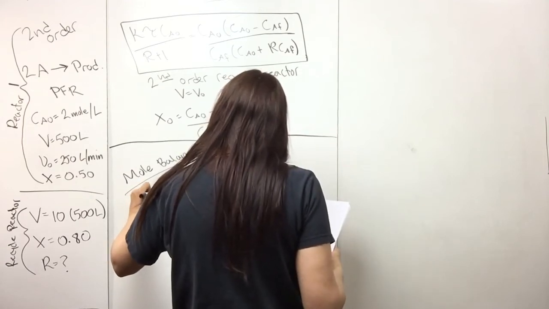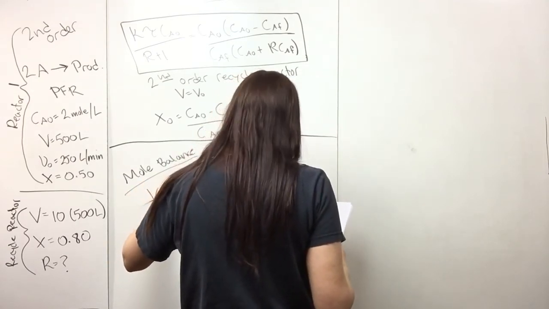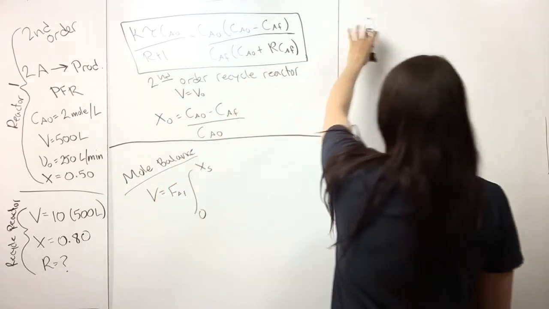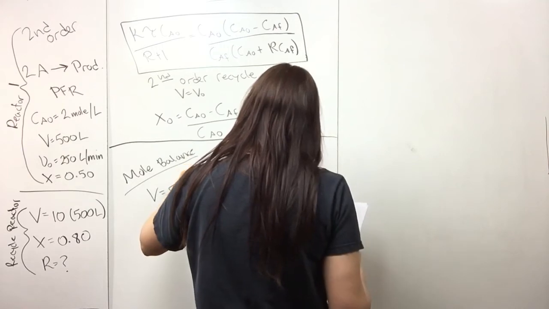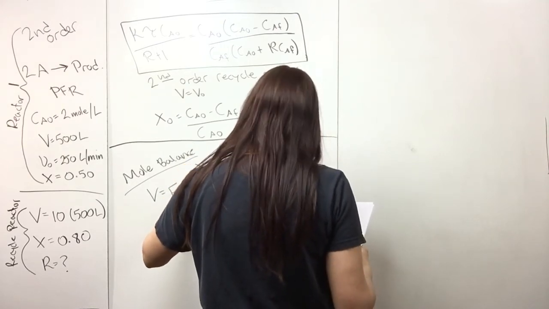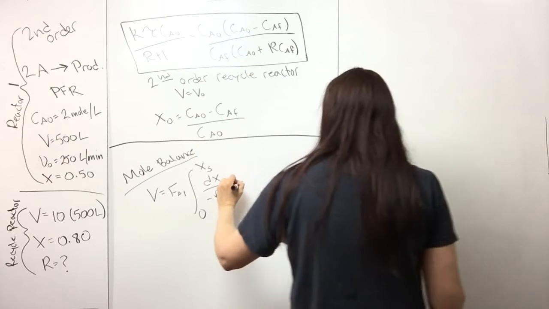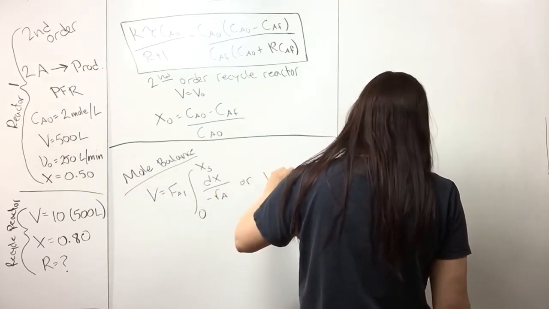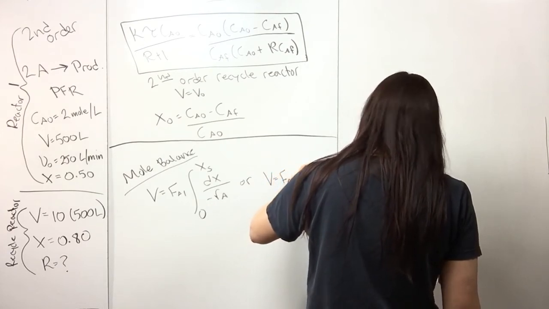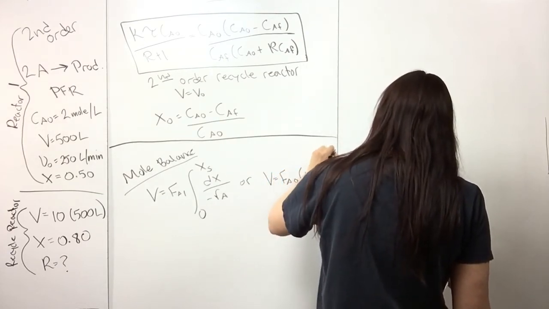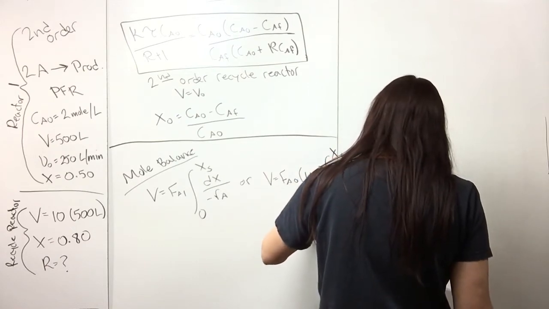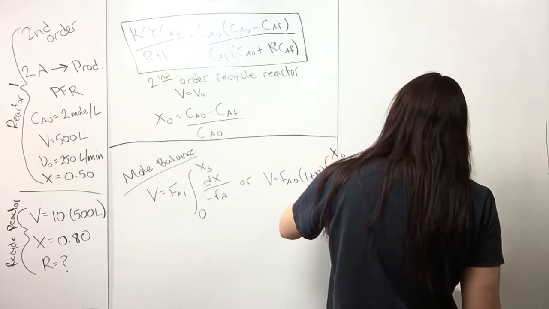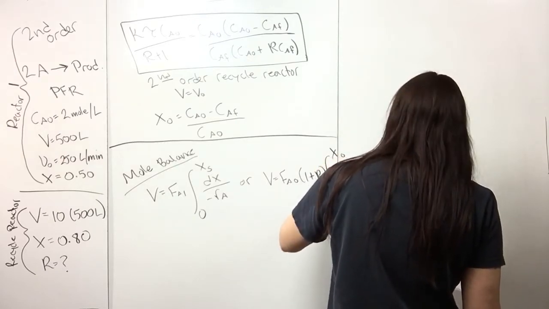You can either have V is equal to FA1 integral from 0 to XS, and I'll draw this in a minute so I can show you where all this is, dX over your rate, or you can have V is equal to FA naught (1 plus R) integral from X naught to R over R plus 1 X naught, dXA over minus RA.